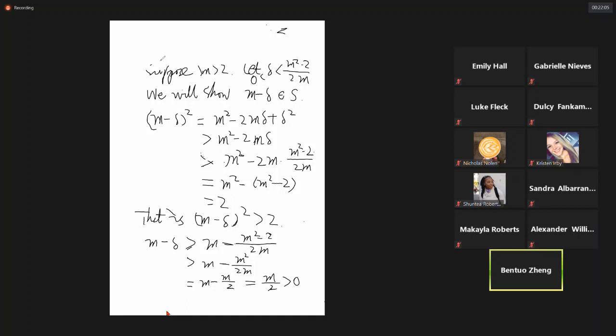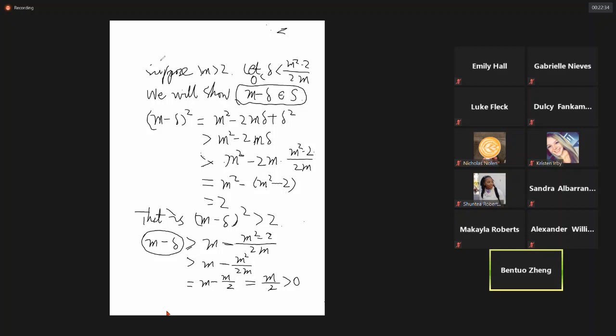So actually what we showed is this number m minus delta: first, m minus delta is greater than 0, and m minus delta squared is greater than 2. So these two conditions tell you m minus delta is actually in S, because the definition of the set S is the set of all real numbers which are greater than 0, and the square is greater than 2.